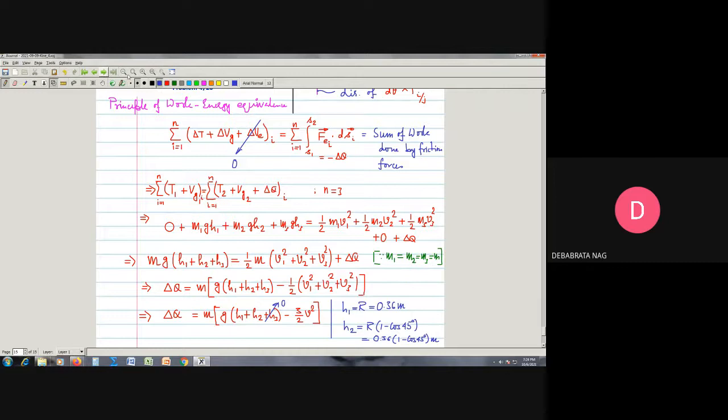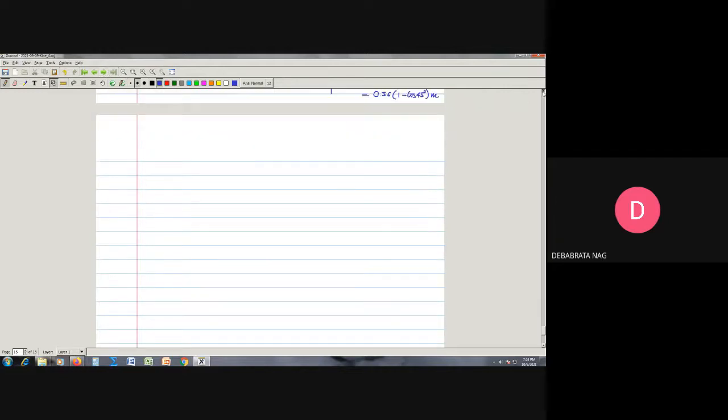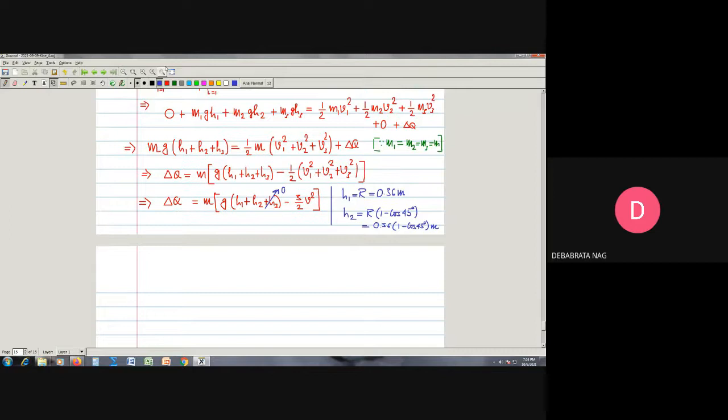Now we can implement this into our equation. Delta Q, the energy loss, is equal to m g, and in place of H1 we put R. We can take R common, so it is R plus R, that is 2 minus cos 45 degree.